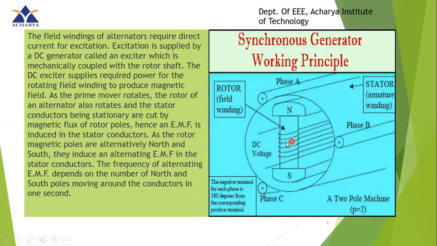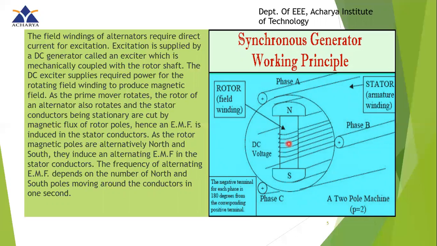Now let us understand the principle initially, then we can go into detail with the construction. The field winding of this alternator, which is the winding on the rotor, requires direct current for excitation.